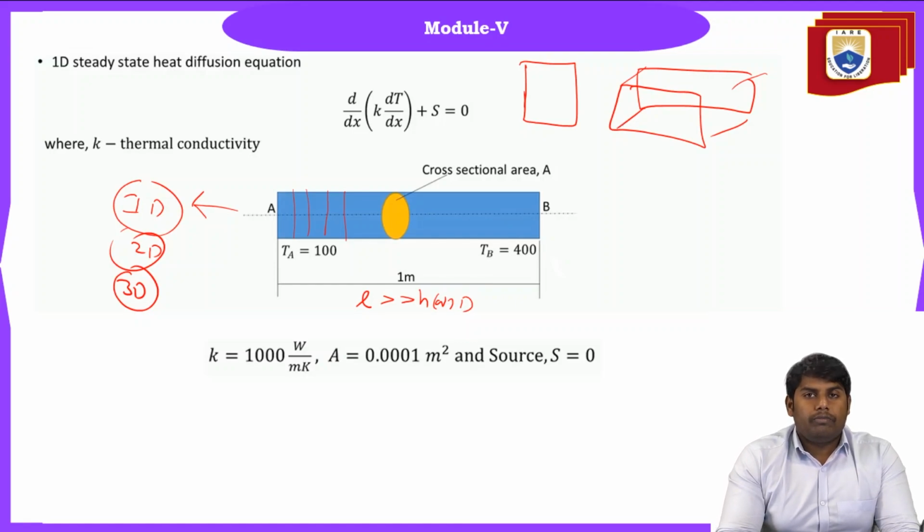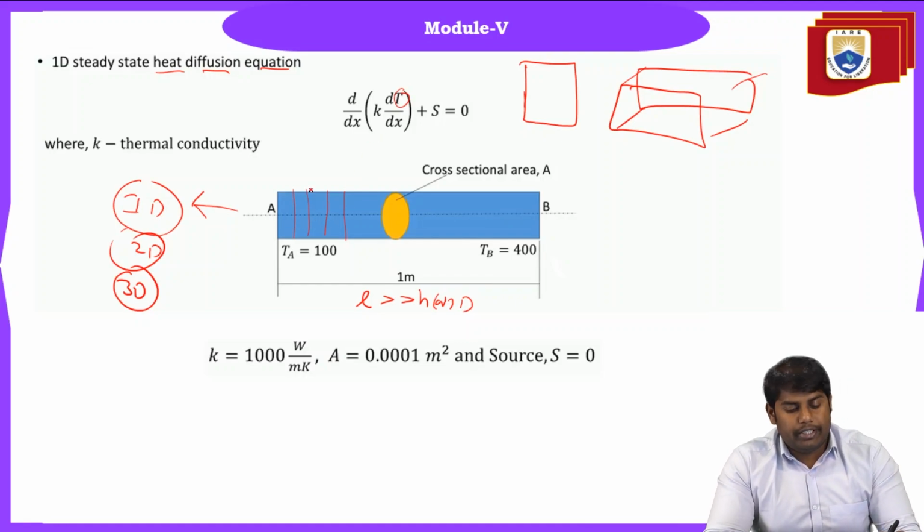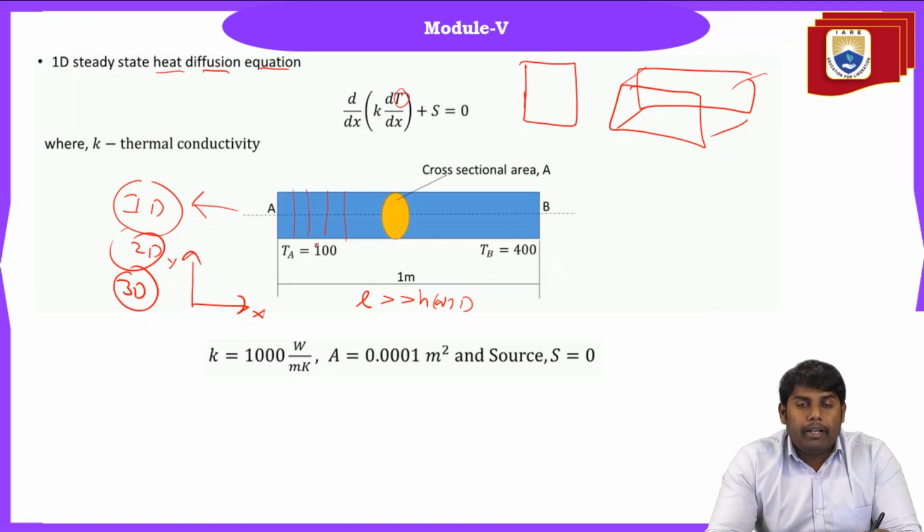Fine. So now what do we have? When we take this 1D element for the current problem, we are estimating the heat diffusion. What do you mean by heat diffusion actually? We have the heat diffusion equation. The temperature is actually varying with respect to the x direction. When we draw the coordinate axes, this is the x axis, this is the y axis. Along the x axis, the temperature varies with respect to space.